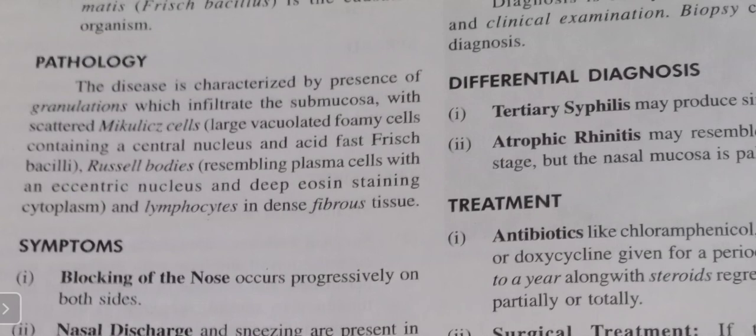The submucosa of the nasal cavity is infiltrated with granulations and various types of cells are present: the foamy cells, Russell bodies, and lymphocytes.